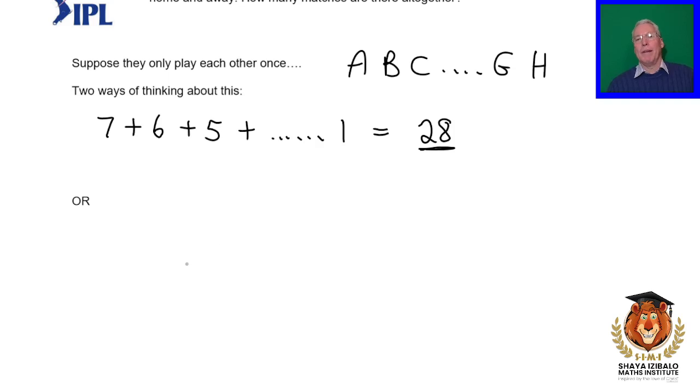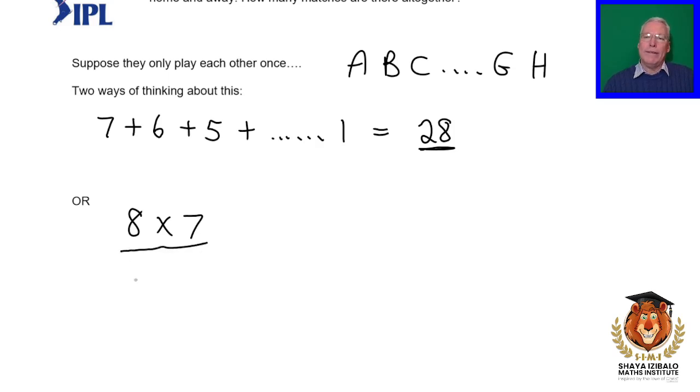Another way of thinking about this is to ask how many matches each of the 8 teams plays. Each team plays every other team. So, for example, Team A must play 7 matches, and Team H must play 7 matches. So the answer would be 8 times 7.